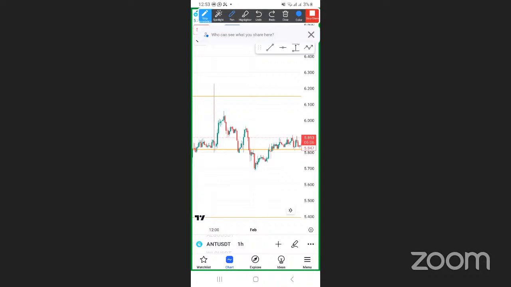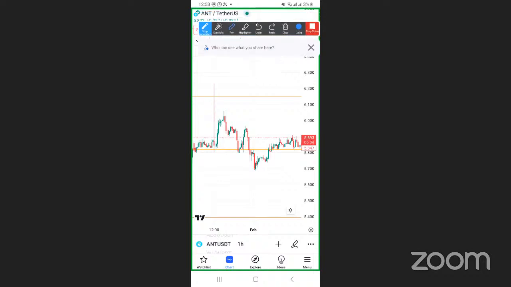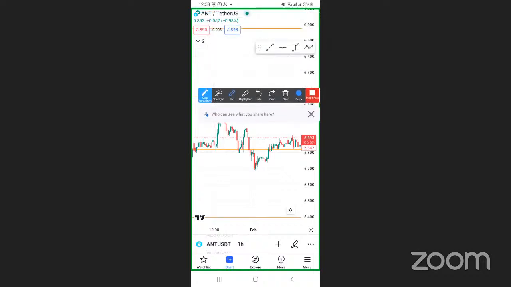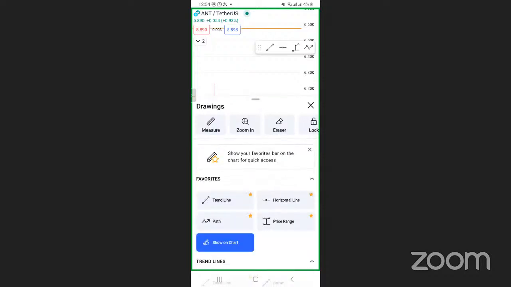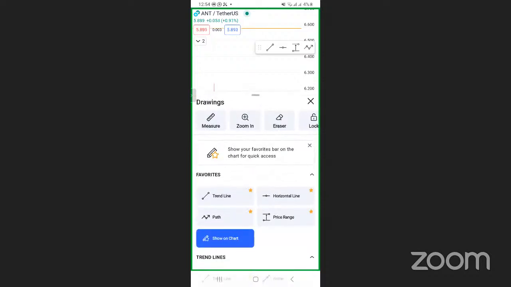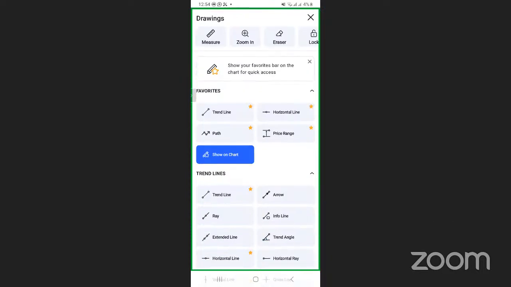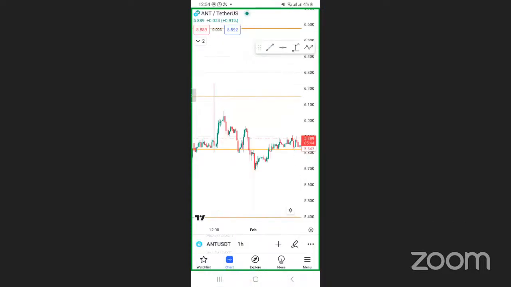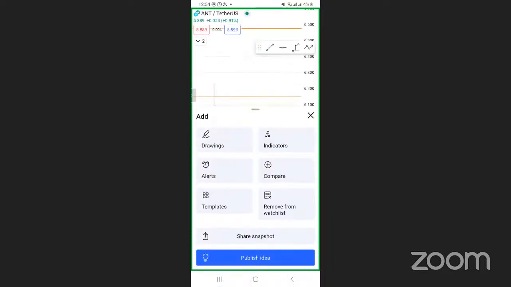Like you can see here, I already have 2 indicators added in my chart. You get it? If I want to add another indicator, of course, I'm not going to be in position to explain how I use it now, but we shall learn more about it in another training.